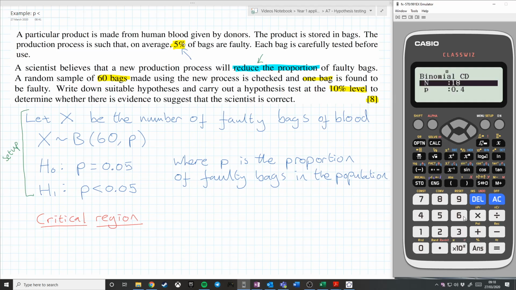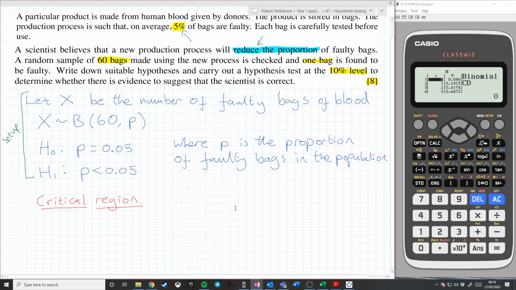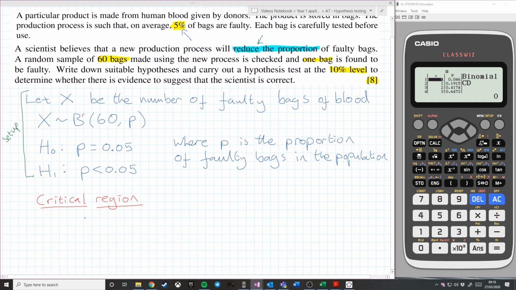So I'm going to put 60 and P is 0.05 and see what I get. I can see the numbers are already quite big here. We're already at 60% by 3. So what do we get? Well, where does it switch between less than and greater than 10%, the significance level that we've been given in the question? 10% is between 0 and 1.